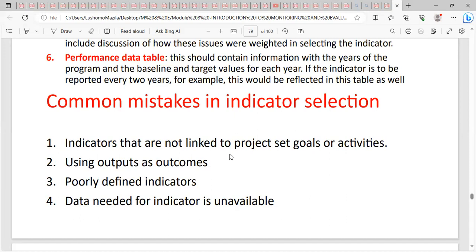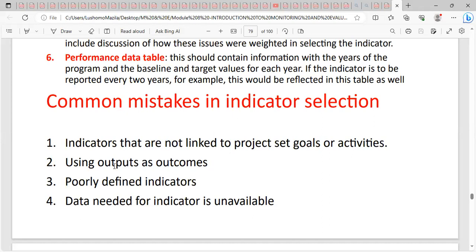But retention is the people who remain in the school. You can have enrolled a lot of people but fail to keep them. Those are the kinds of indicators you need. If you have indicators which are not linked to the particular program you are given, know for sure that it's a mistake, because it will not be relevant. It will give you wrong figures.